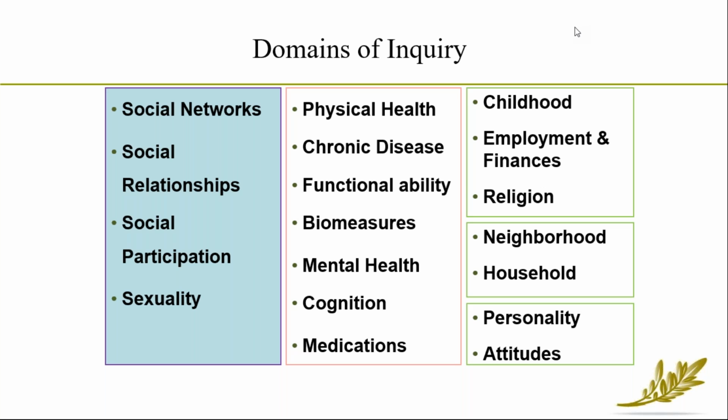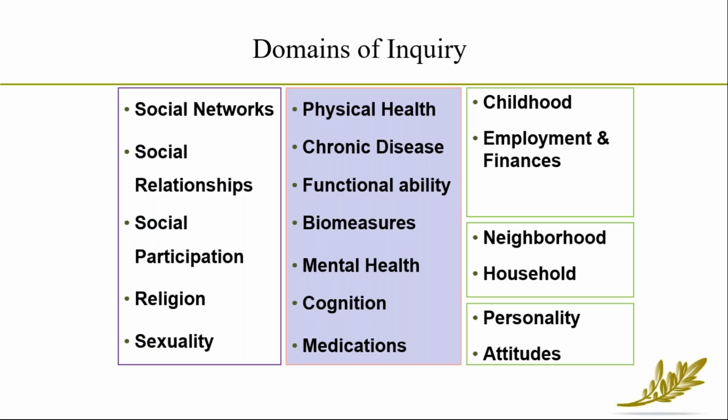NSHAP also probes other aspects of social relationships, like number of friends and close relatives, social support, and social strain. Social participation includes things like how often people gather with others in groups, religious services, and volunteering. And lastly, NSHAP asks some detailed questions about sexual attitudes and behaviors of older adults, an area that's largely unexplored in large national surveys.